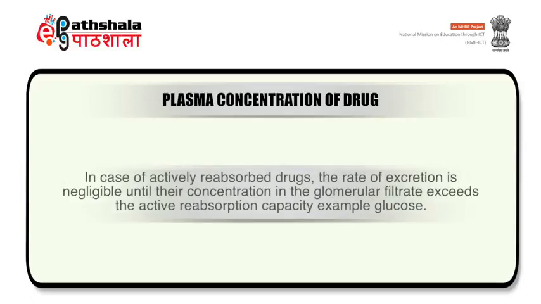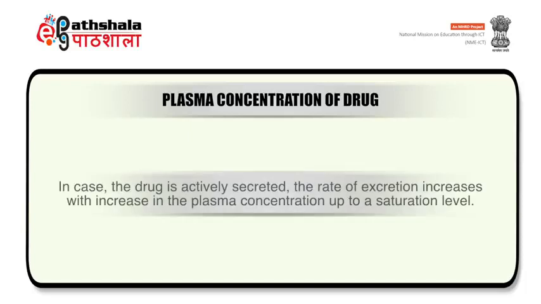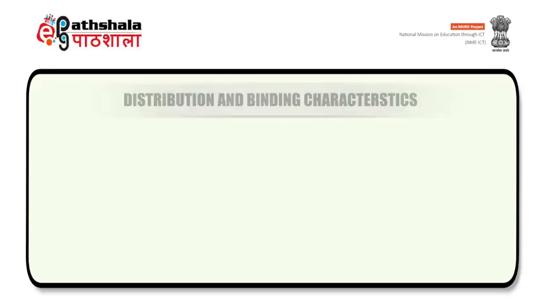In the case of actively reabsorbed drugs, the rate of excretion is negligible until their concentration in the glomerular filtrate exceeds the active reabsorption capacity, for example glucose. If the drug is actively secreted, the rate of excretion increases with increase in plasma concentration up to a saturation level. Next factor was distribution and binding characteristics of the drug.